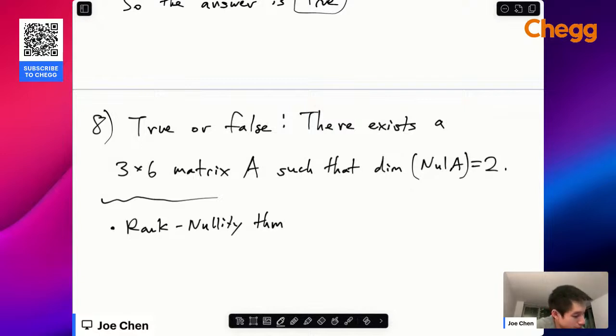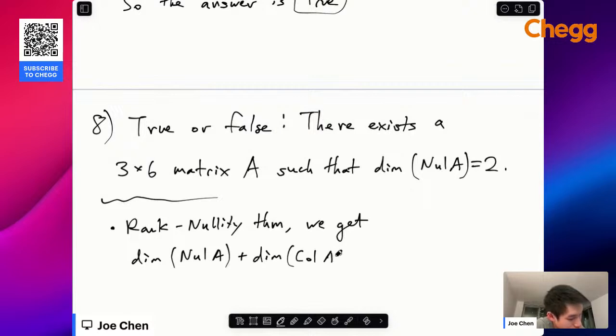The dimension of the null space of A plus the dimension of the column space of A is equal to n, the number of variables, which here is 6. That implies, just by plugging this in, that the dimension of the column space is 4, since 6 minus 2 is 4.